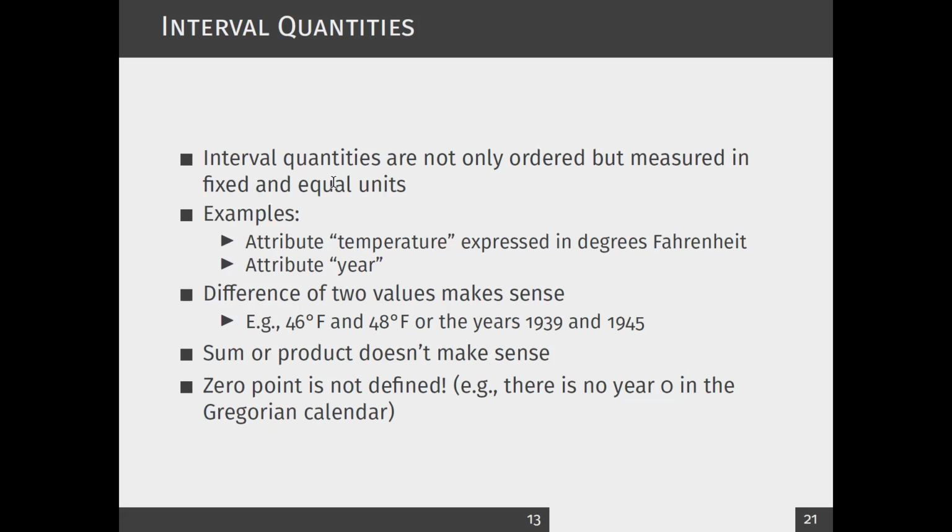Similar to that, the third type we can talk about we call interval quantities. That means you can define different values. For example, if you take temperature, you can express it in degrees Fahrenheit. You can talk about the difference between two values like 46 Fahrenheit and 48 Fahrenheit, so you can make a difference.